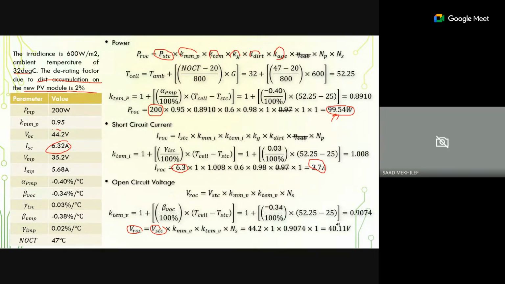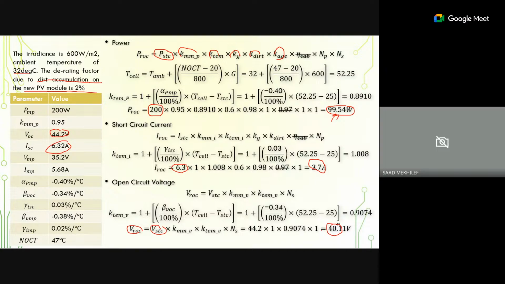But when we apply the deratings, it becomes 40 volts. So this shows the impact of all of these, because this will never be mentioned anywhere. Just now when we did the simple example calculations, we never applied all these derating factors.